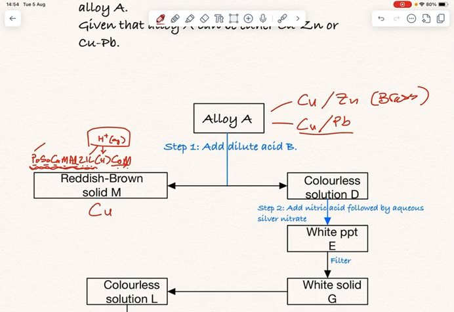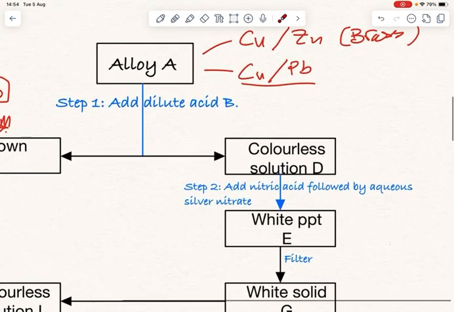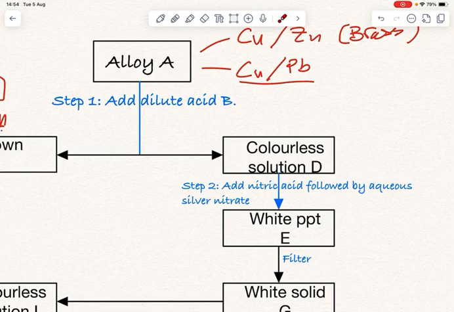Your colorless solution D has to contain zinc or lead, but we were told it is colorless, so obviously it can't be lead.